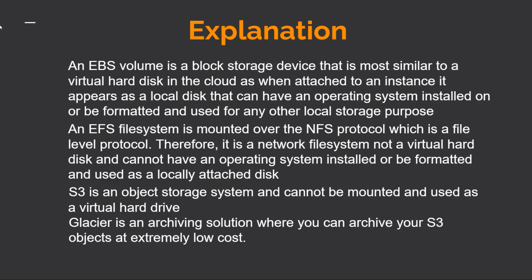Therefore, it is a network file system, not a virtual hard disk, and cannot have an operating system installed or be formatted and used as a locally attached disk. S3 is an object storage system and cannot be mounted and used as a virtual hard drive. Glacier is an archiving solution where you can archive your S3 objects at an extremely low cost.